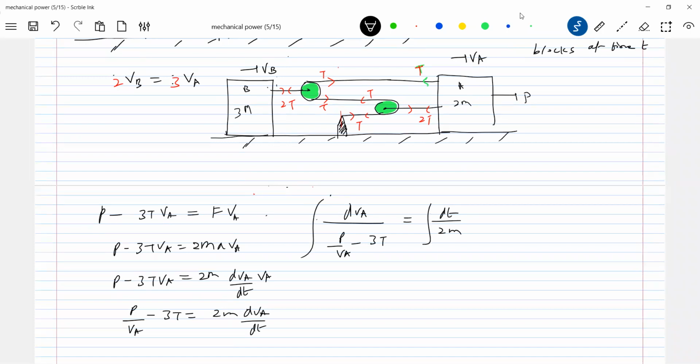This will integrate, and we'll get the speed of the block as a function of time, but we don't know the tension, no? We should have some information on tension.